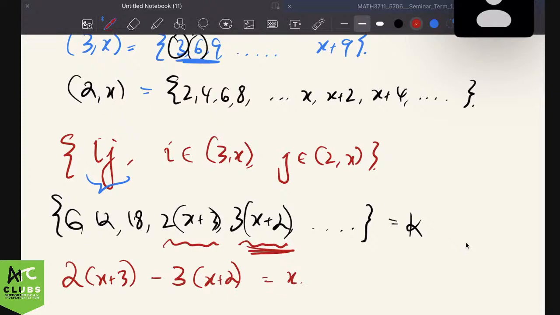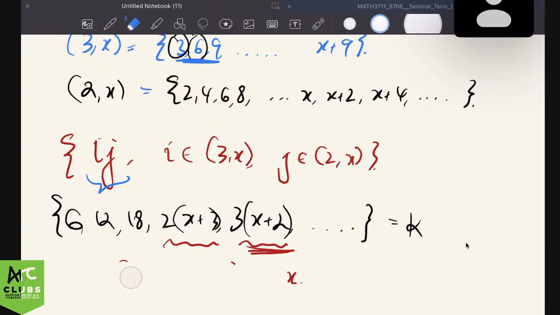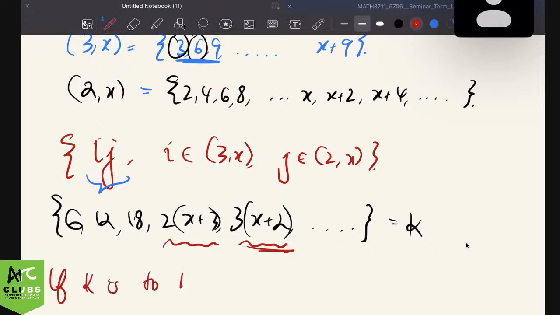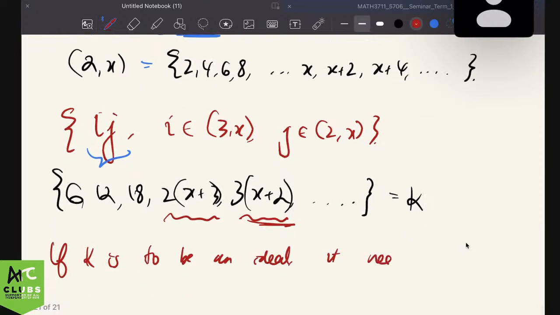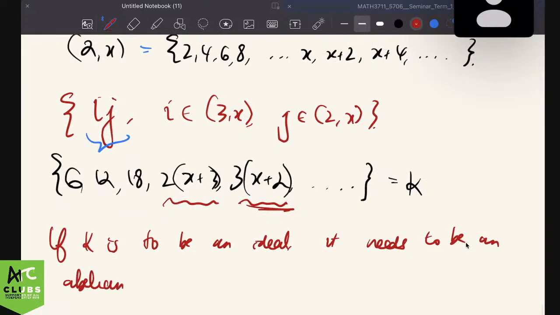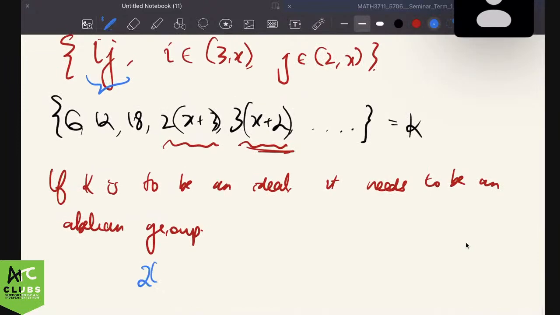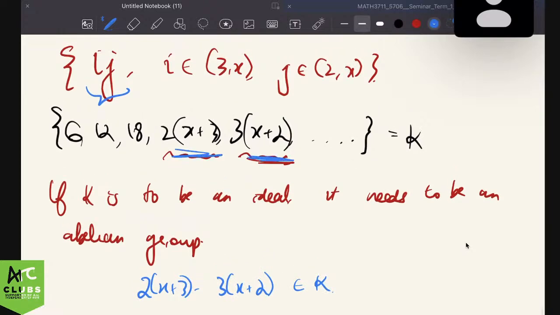So if this is going to be an ideal, let's just write this out formally. If k is to be an ideal, it needs to be an abelian group. Which means that you have to have 2x plus 3 minus 3x plus 2 needs to be in k. And any combination of these things needs to be in k, right?